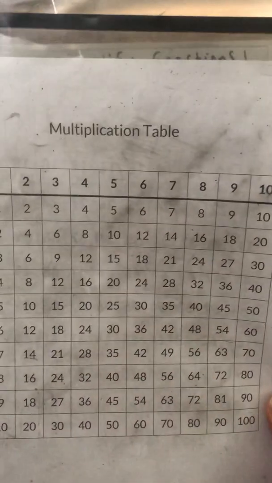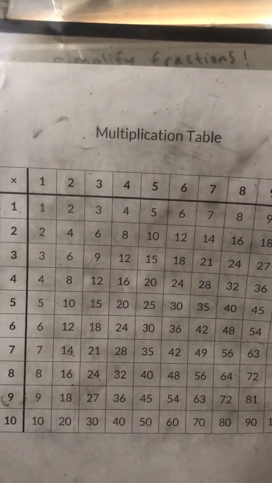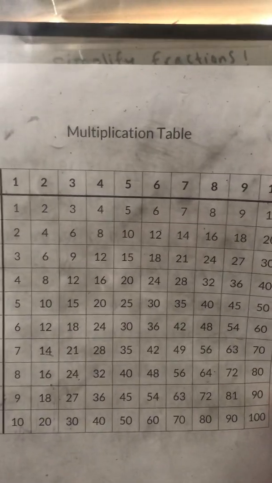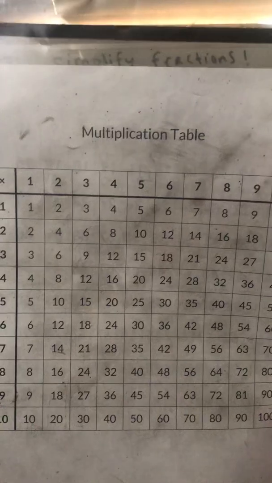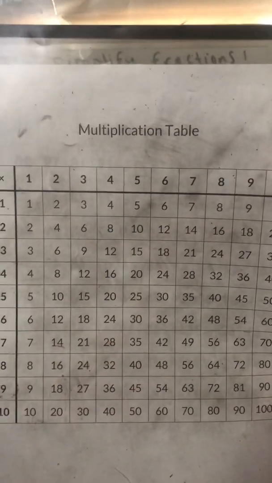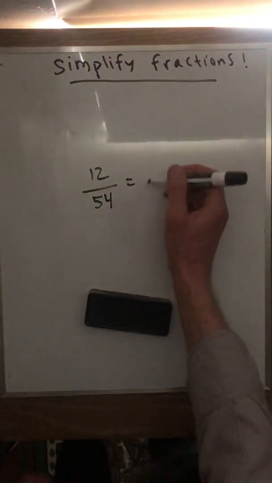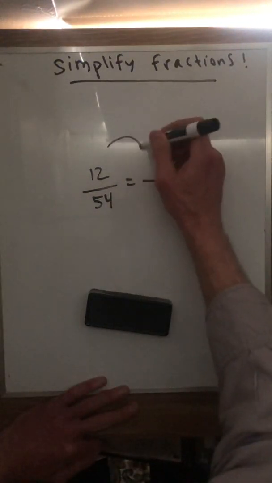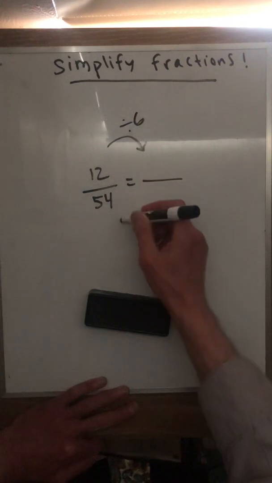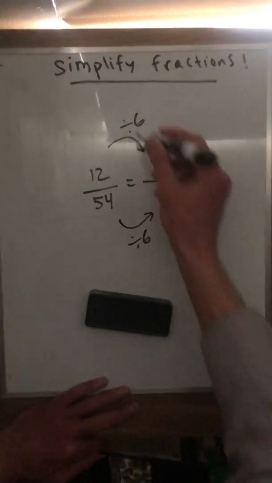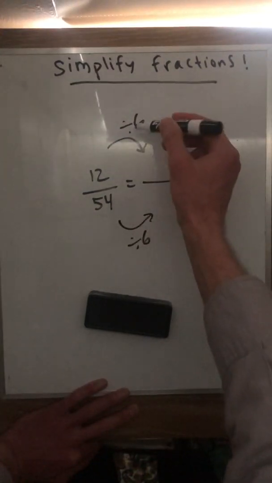So I can divide them both by 6 because 6 is a factor of both of these numbers. And these numbers are multiples of 6. So let's just do that. Let's divide them both by 6. And remember, whatever you do to the top, you do to the bottom. What you do to the bottom, you do to the top.